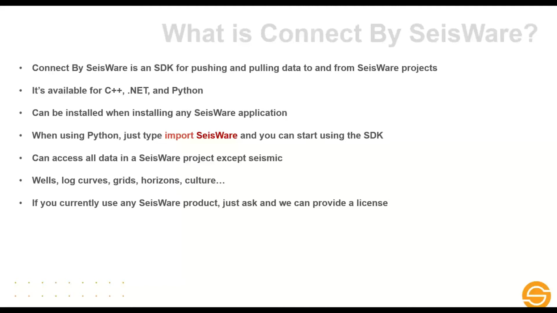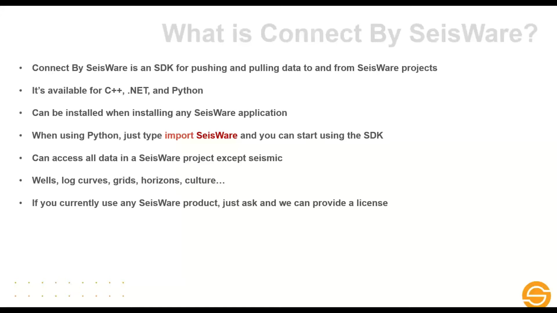If you are using Python, you just need to type import SeisWare, and then you can start coding with it. It does require a license, but if you use any SeisWare product like our geophysics, geology, or field development tool, you can just ask us and we can provide you a license. It's just an extra component on your existing license that we can add.